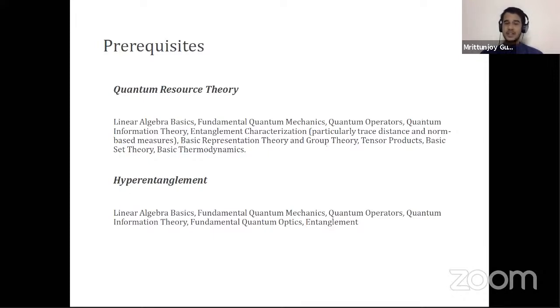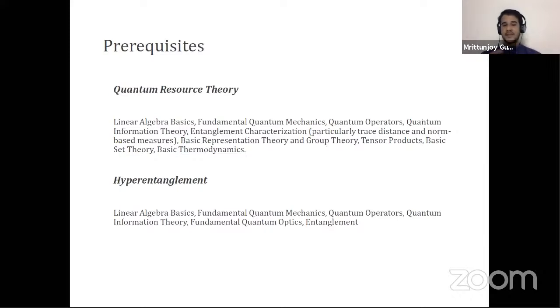In the mathematical picture, you have basic representation theory and group theory, tensor products, basic set theory and basic thermodynamics. Thermodynamics more because it's just an example of quantum resource theory. That's not as important, but the rest has more to do with the mathematical foundation. For hyperentanglement, we have fundamental quantum mechanics again.